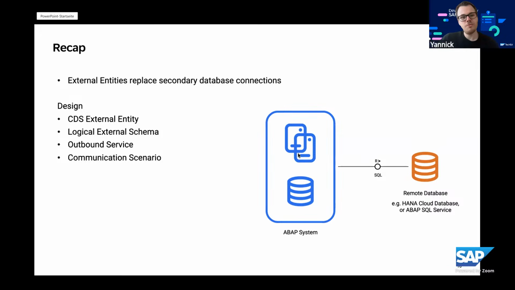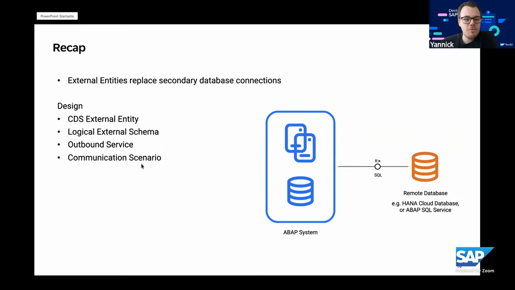So what do we need? For the design part, we have our CDS external entity, and the logical external schema, which is used for the remote database schema. We have the outbound service where we define that we use outbound SQL access to talk to the remote system. And then we have the communication scenario, which tells which outbound service we will need.